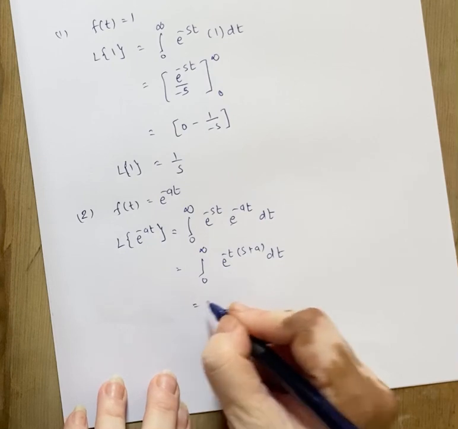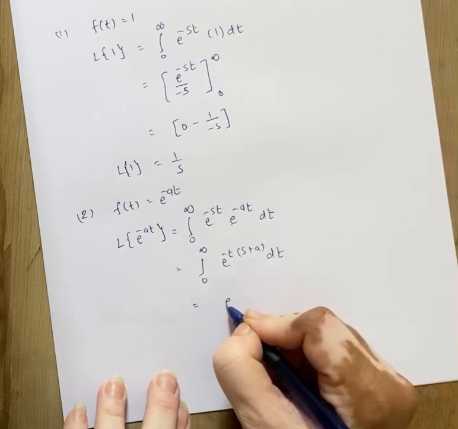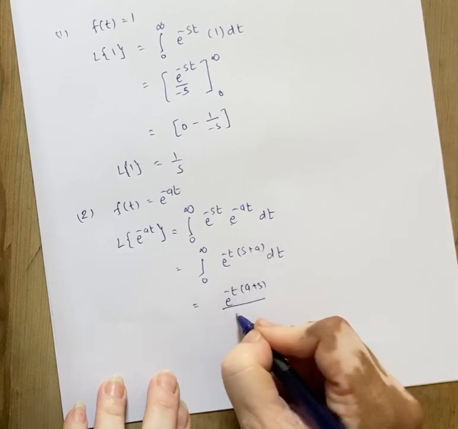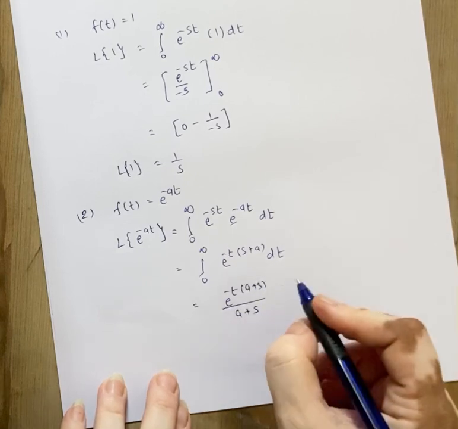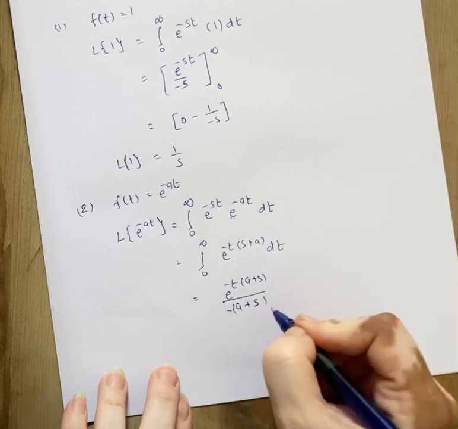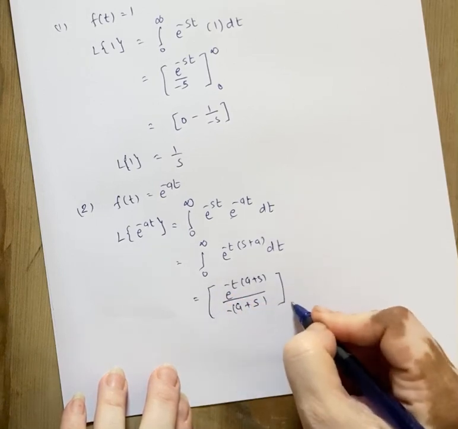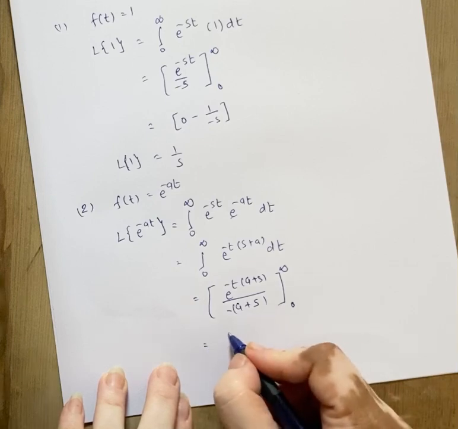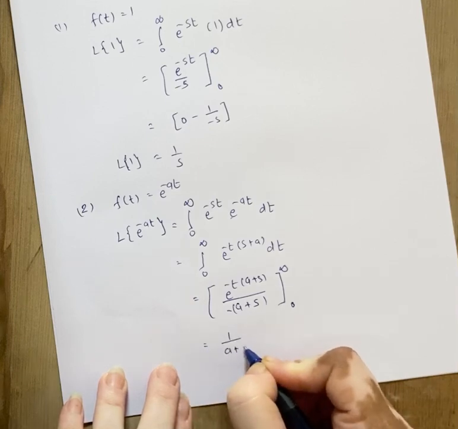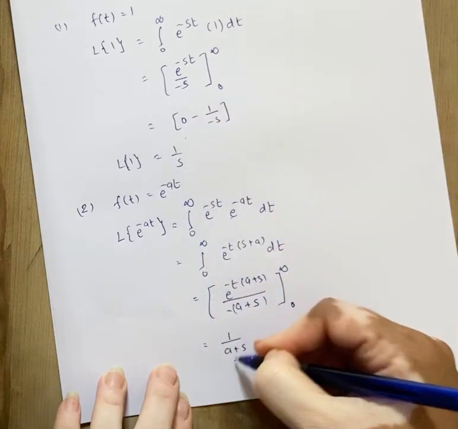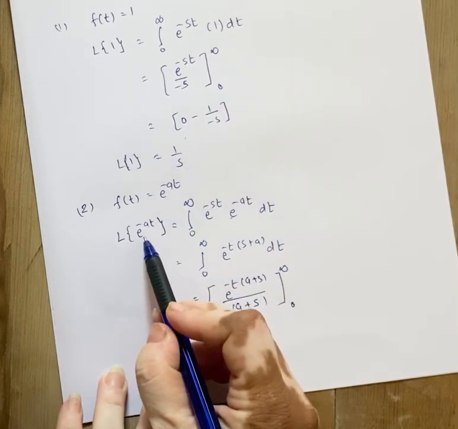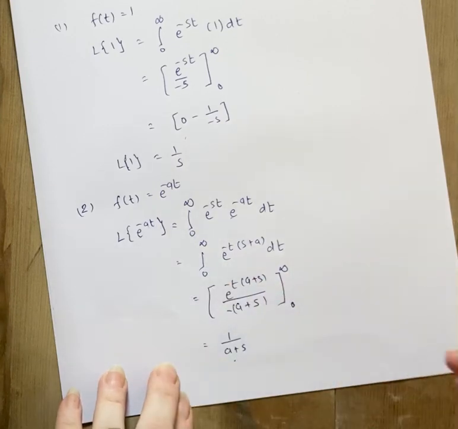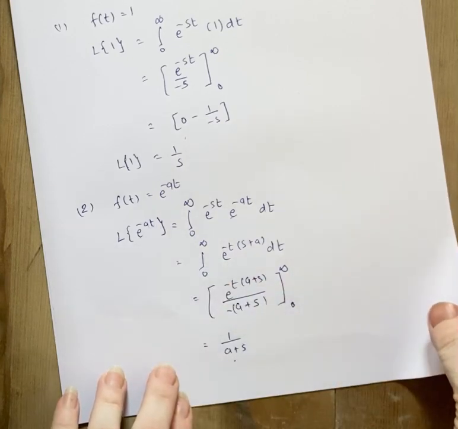Now the integration of this term is e raised to minus t(a plus s) over minus (a plus s), with limits 0 to infinity. Putting the limits, we get 1 upon a plus s. So the Laplace transform of e raised to minus at is 1 upon s plus a.